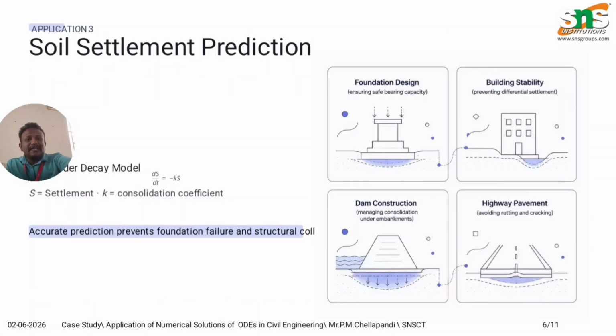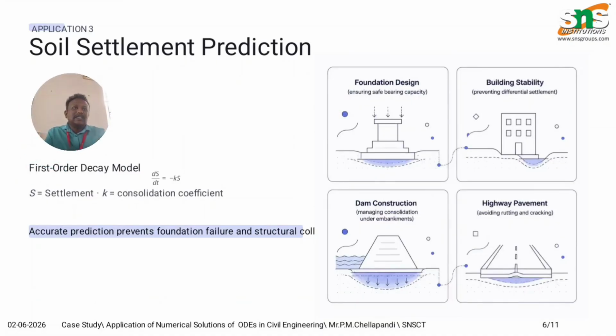Application 3 is soil settlement prediction. Now let us discuss soil settlement prediction. Whenever a building or structure is constructed, the soil underneath experiences compression, right? As the soil compresses, settlement occurs.